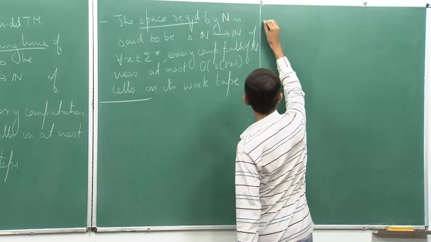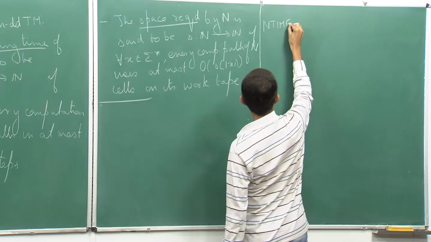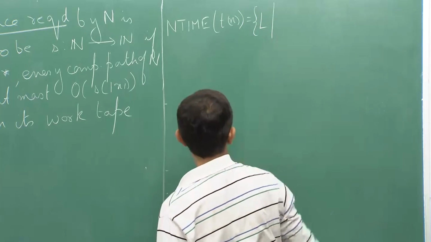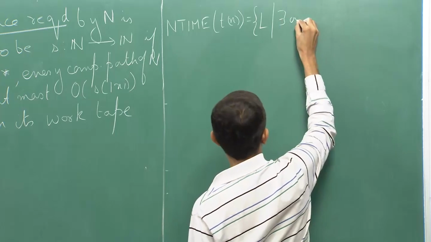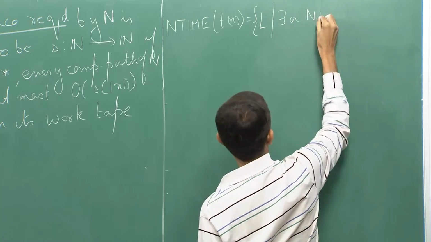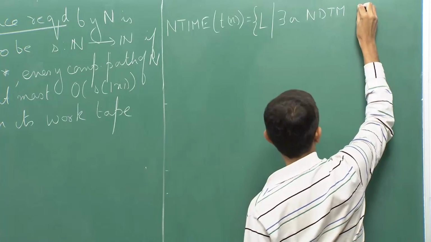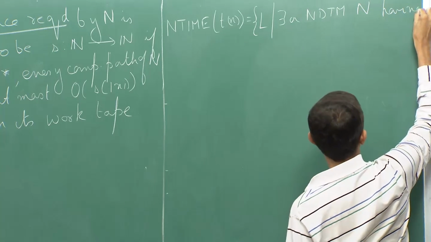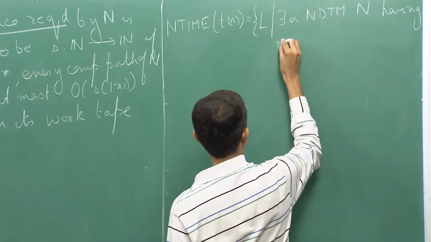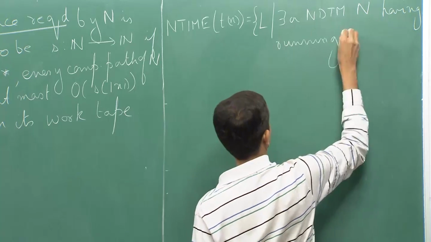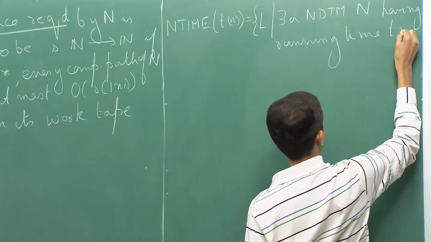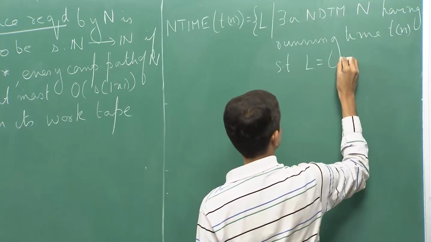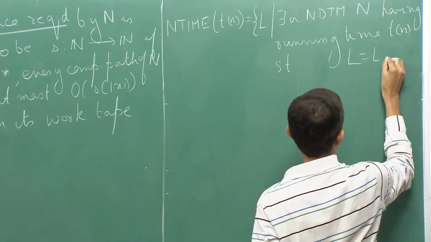So, we define the class NTIME of T of n as the class of languages L such that there exists an NDTM, non-deterministic Turing machine N, having running time T of n, such that L equals L of N.